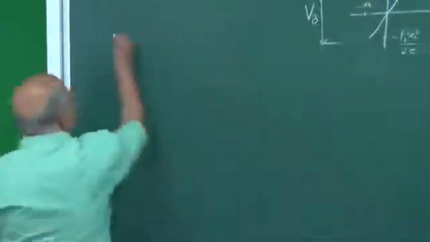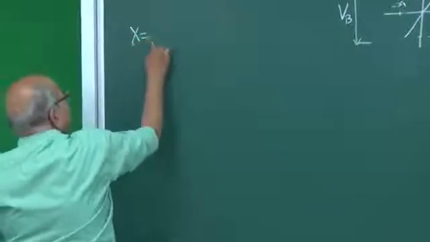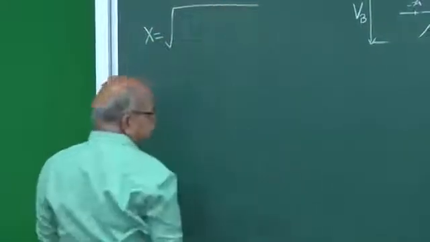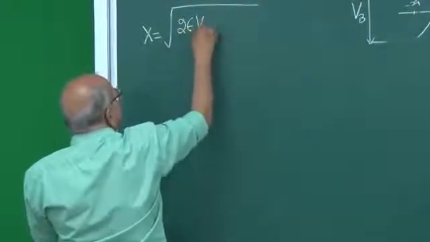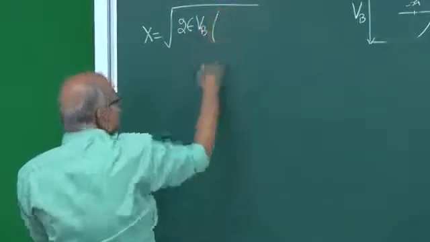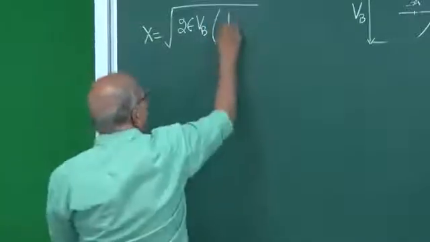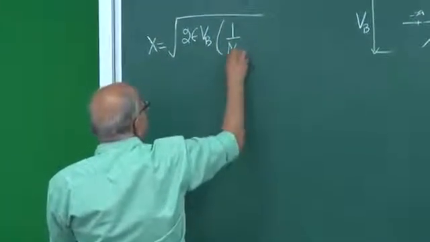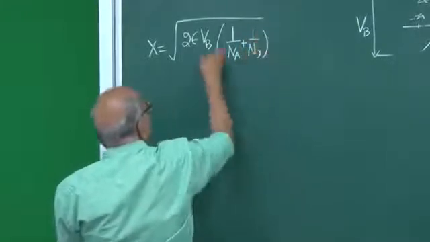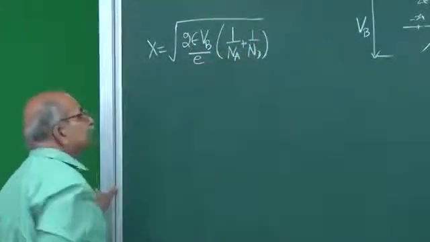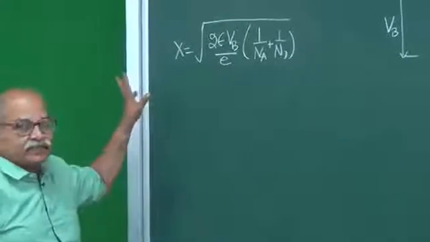So this x is equal to square root of 2 epsilon Vb, and then here I write 1 over Na and plus 1 over Nd, and E here. So that's the relation.